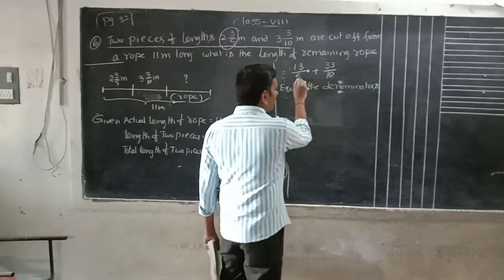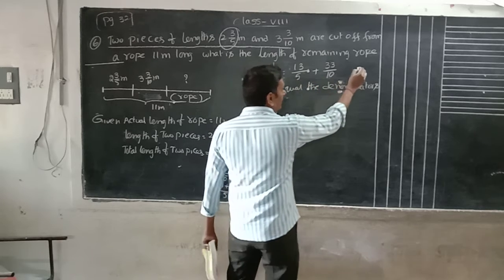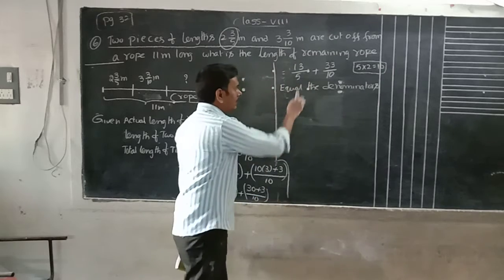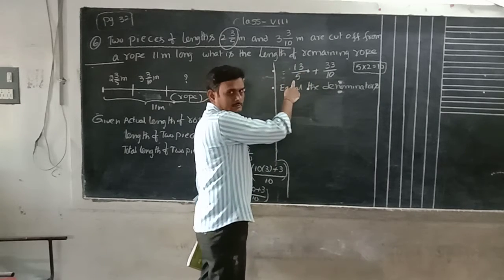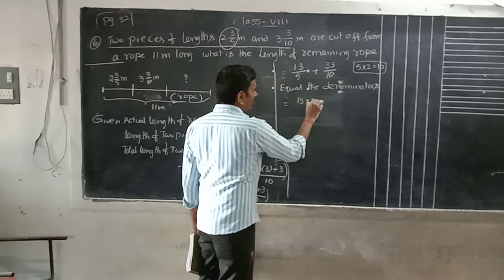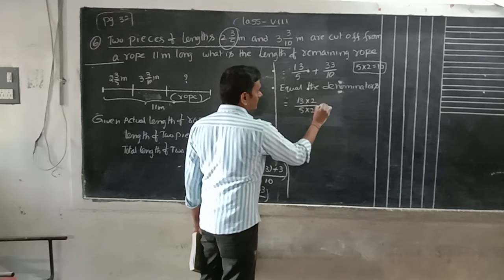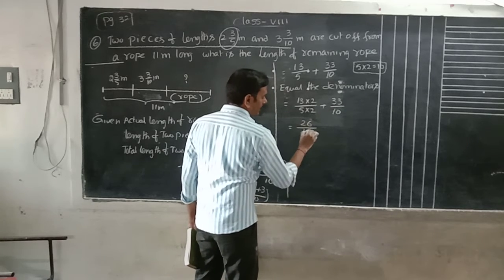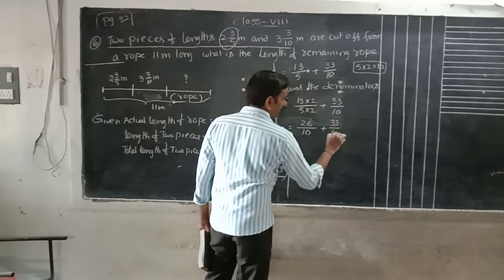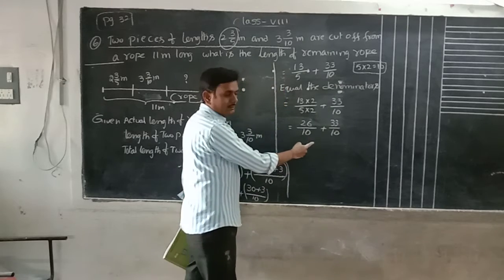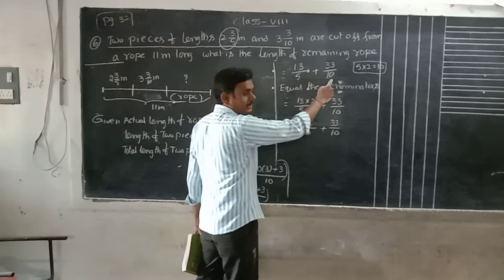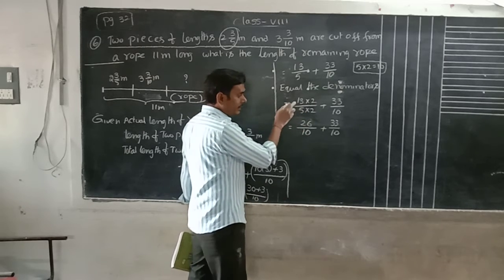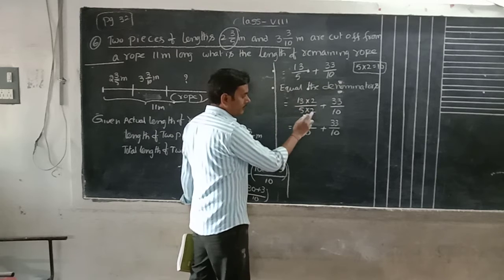The denominators are 5 and 10. 5 twos are 10, so we multiply 13 by 5 by 2 by 2 to get 26 by 10. Along with 33 by 10. The denominators should be equal, so we multiply numerator and denominator by 2.